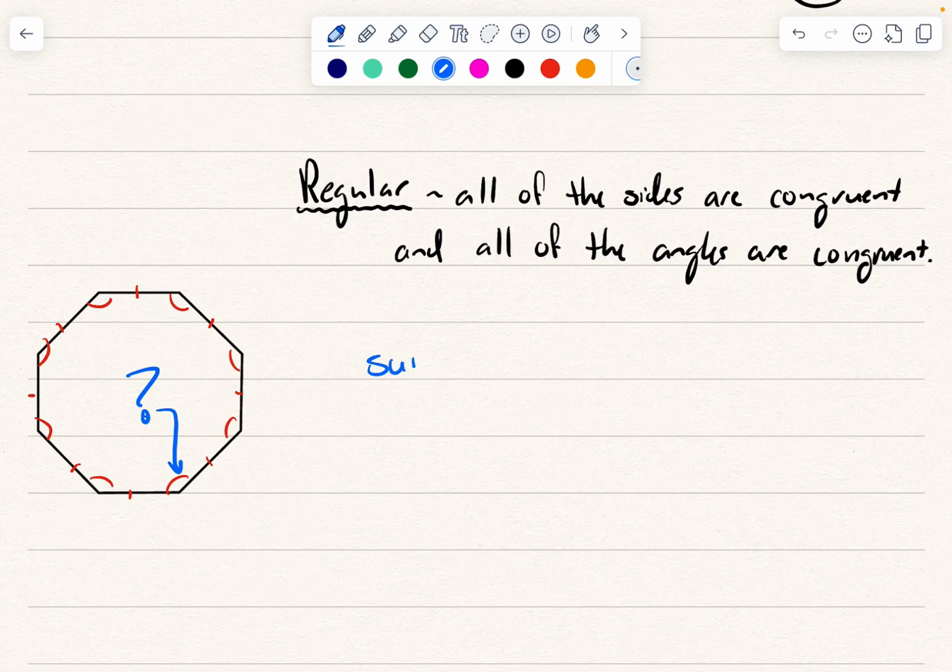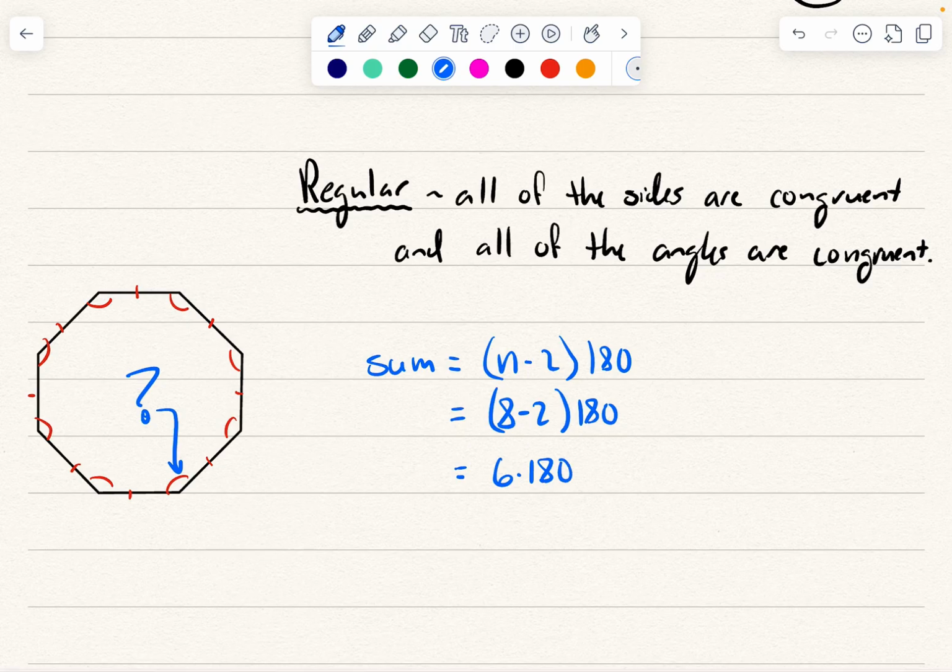Remember, we had that polygon angle sum theorem where we said the sum was equal to n minus 2 times 180, where n represented the number of sides. In this case, that would be 8. 8 minus 2 times 180. 8 minus 2 is 6, and 6 times 180 is 1080. So all of the angles inside any octagon have to add up to 1080.